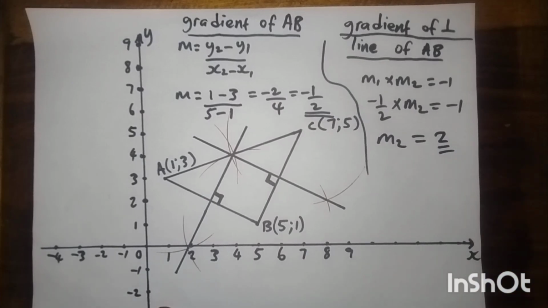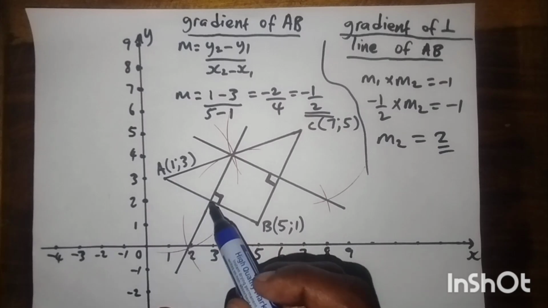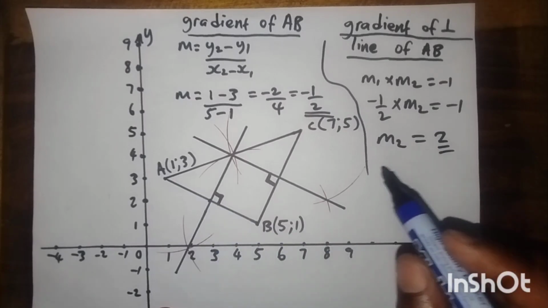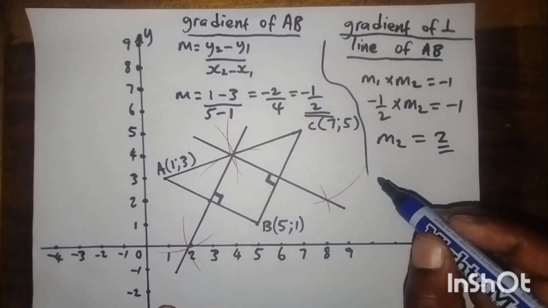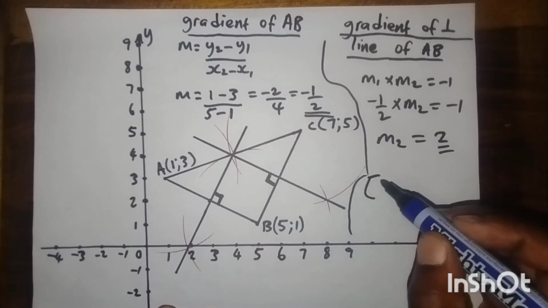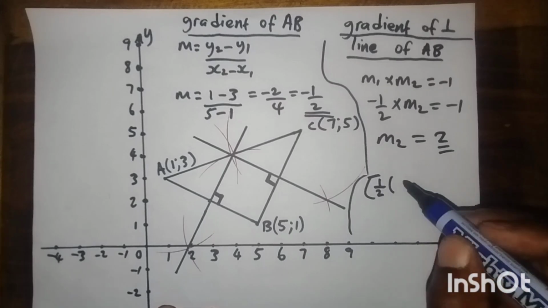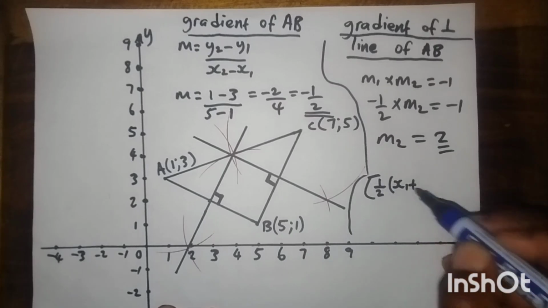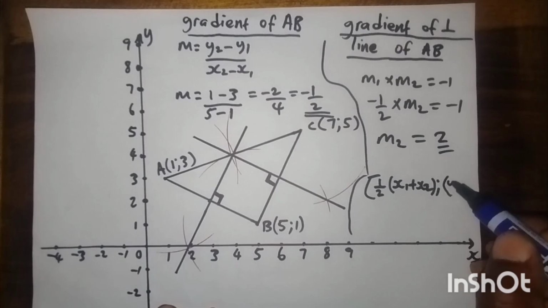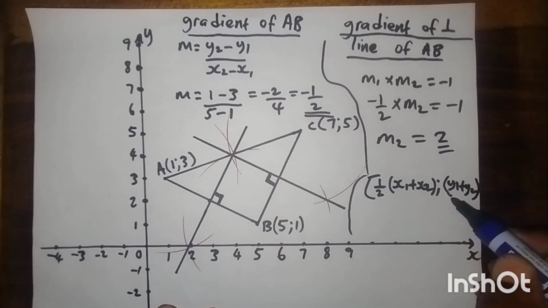Right now, I want to find the midpoint of AB, which is this one here. Okay, this is the midpoint of AB, so I'm going to use this formula to find the midpoint of AB. That's half of (x1 plus x2); half of (y1 plus y2).